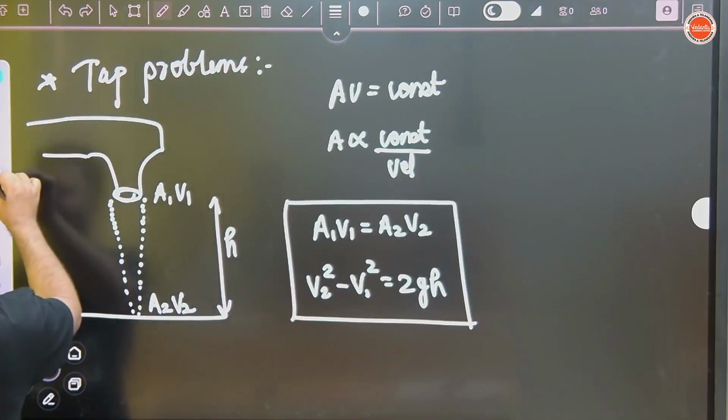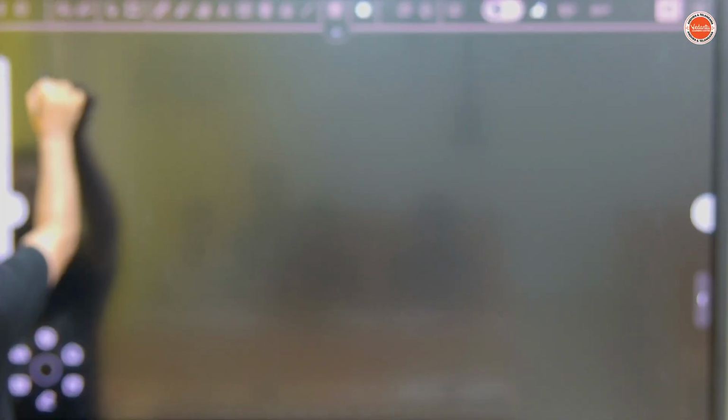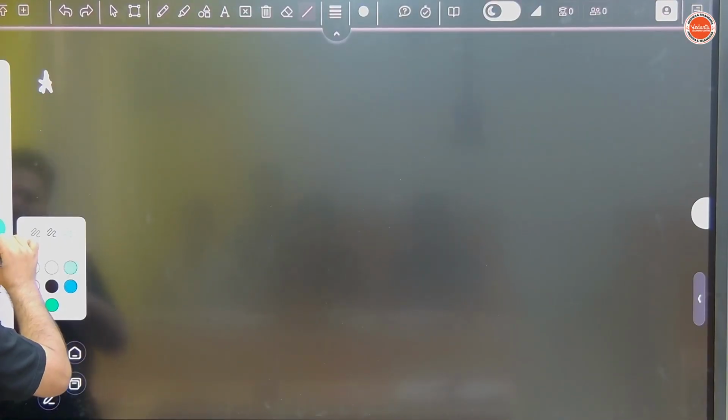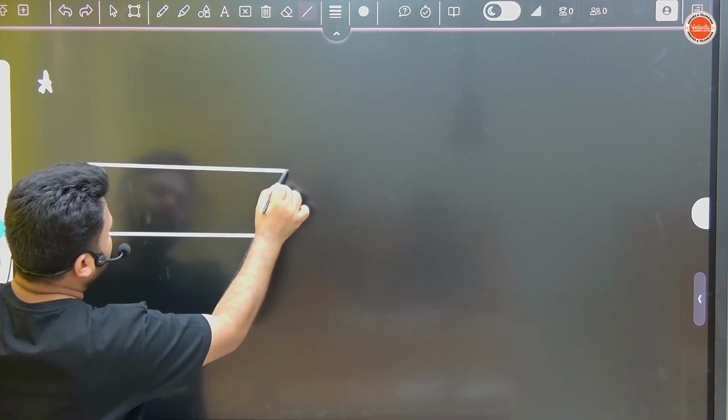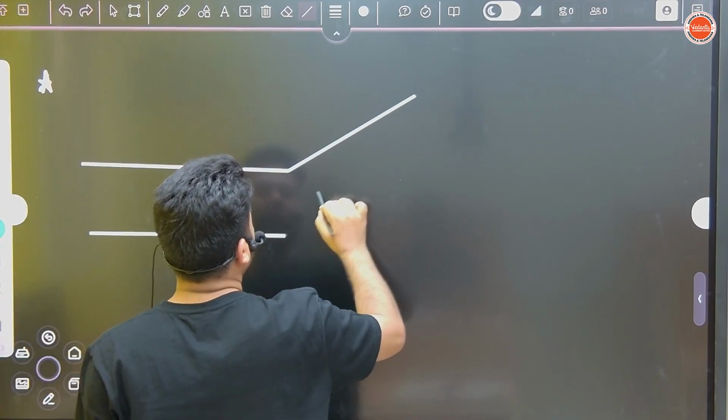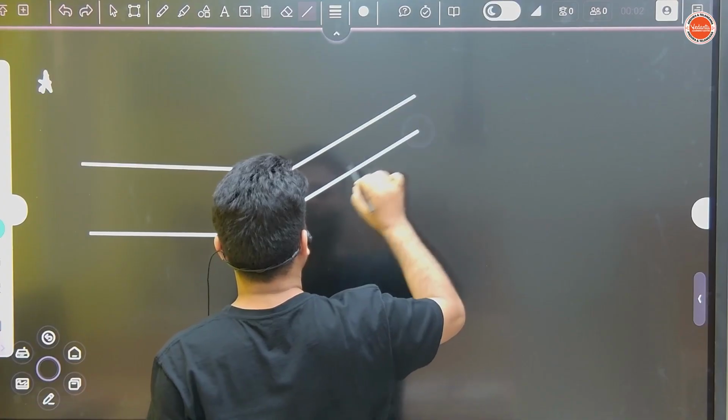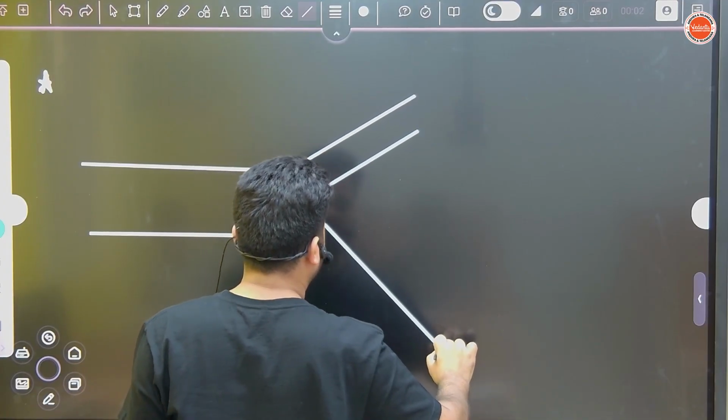Then we have problems related to this tube, where water is flowing in a tube like this. There is a junction, which means some water goes there and some water is going there.